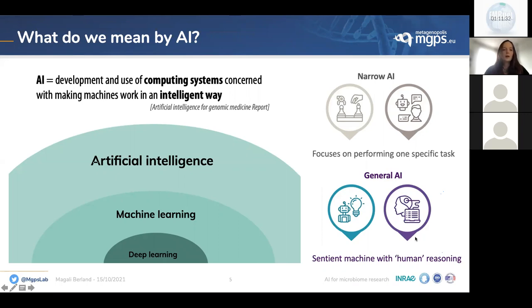So we are all going to talk today about this narrow artificial intelligence. This is a quite broad field, and in this field, there is machine learning that we are going to talk about, and deep learning, which is a specific subcase of machine learning.